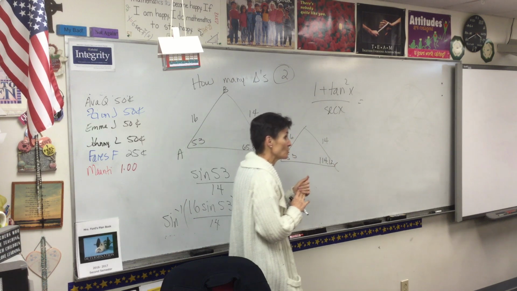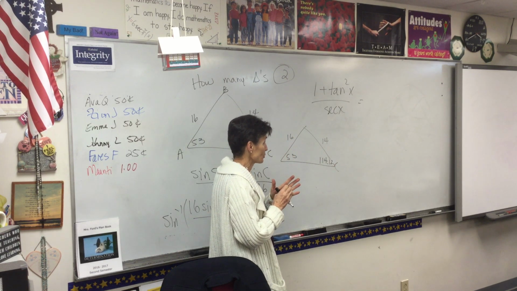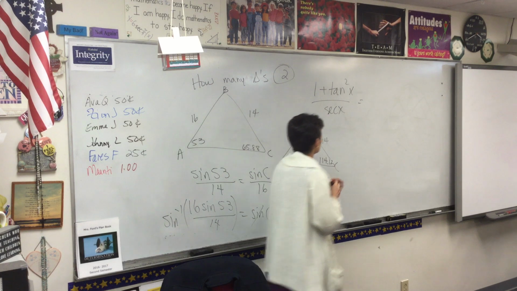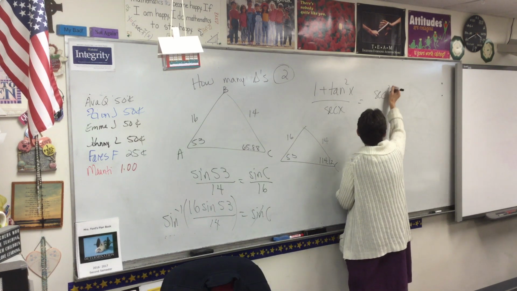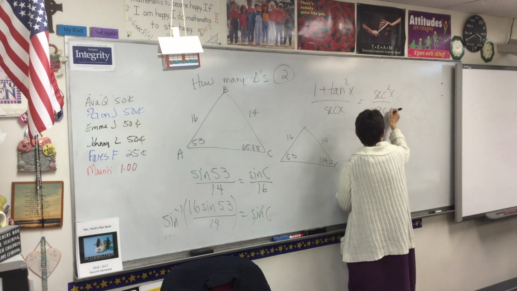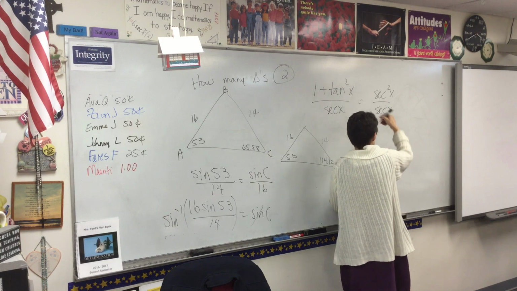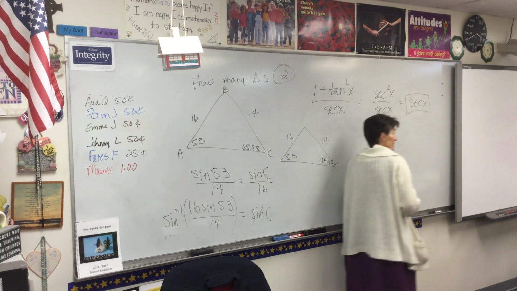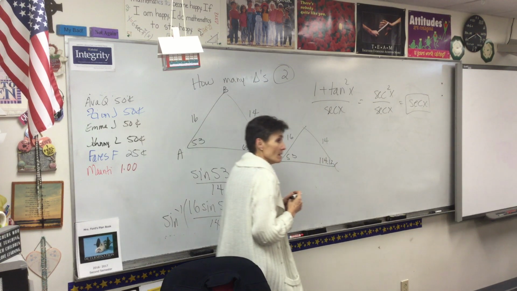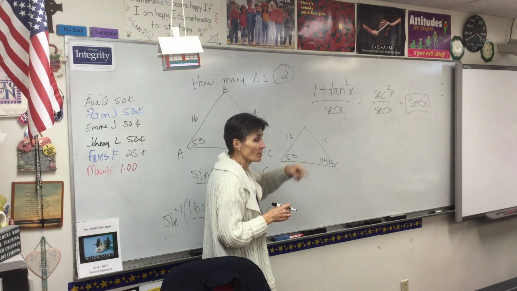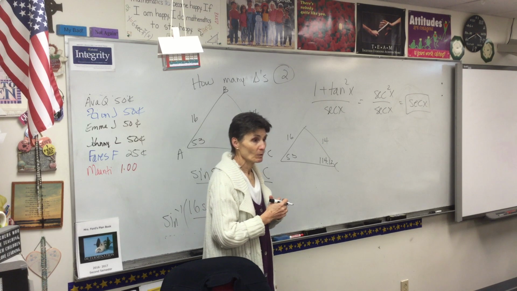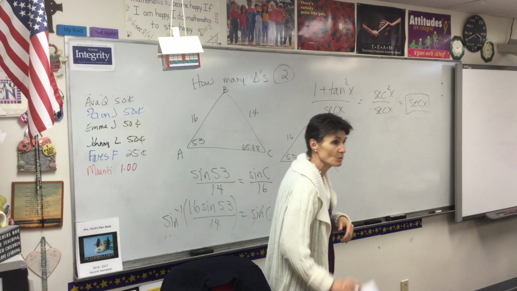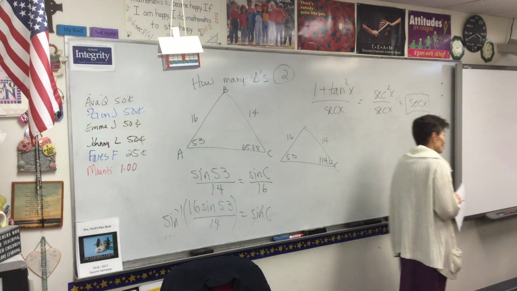And one of the things you have to know is 1 plus tangent squared is secant squared. So we have secant squared over secant, which we can cancel, and our answer is just secant. You don't stand a chance on that problem if you haven't memorized that 1 plus tangent squared is secant squared.